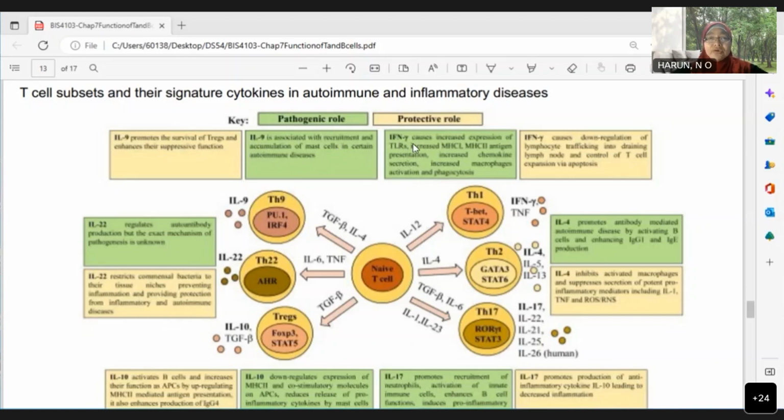IFN gamma causes increased expression of TLR, the Toll-like receptor, and increases MHC class 1 and MHC class 2 antigen presentation.